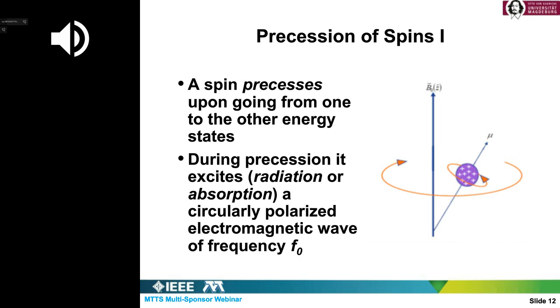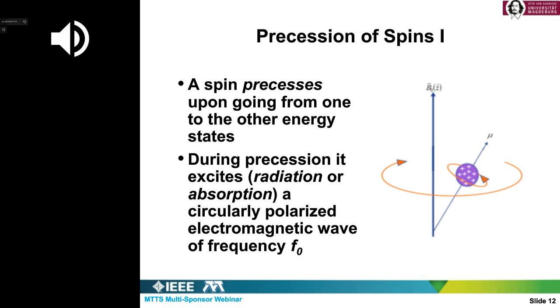Now, if I change the energy state of a spin from higher to lower or lower to higher, although we are talking about the spin as a tiny, very small magnet, it doesn't change like a magnet, but by performing this precession. Whether you come from lower to higher or higher to lower, the motion of the proton in this case is precession.